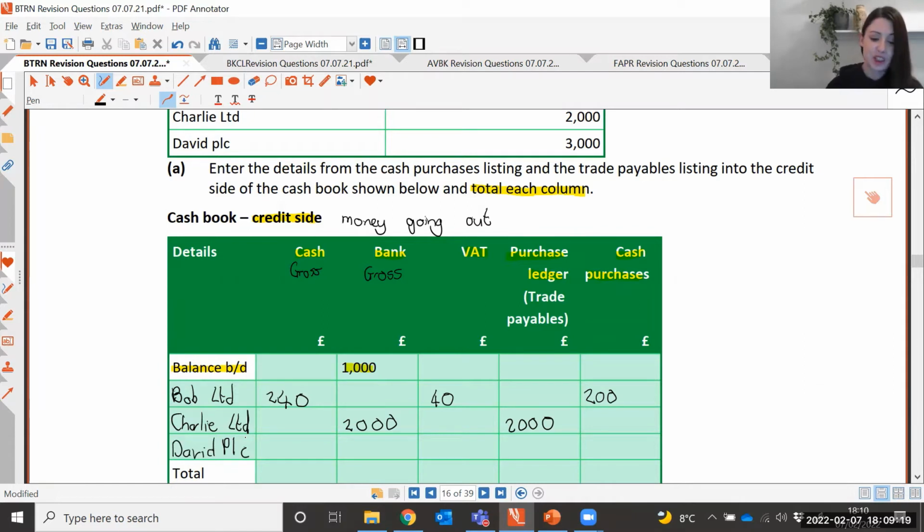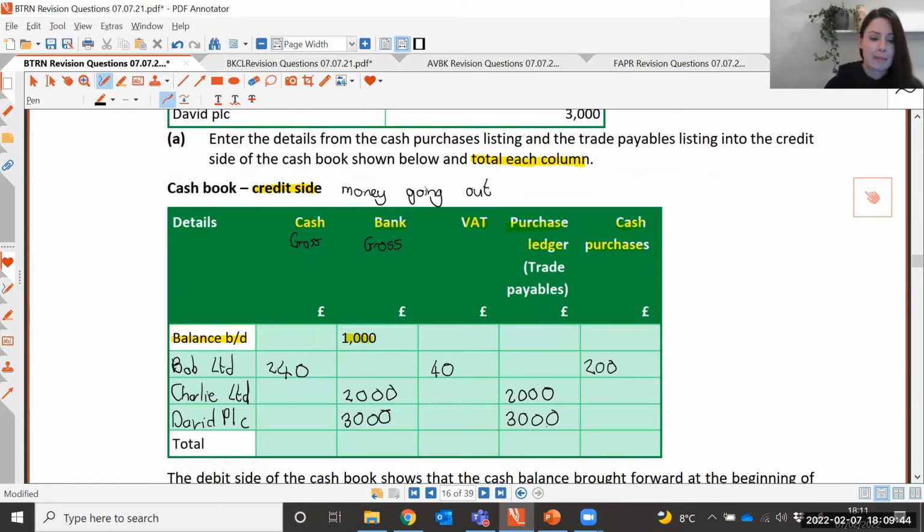Yeah, so again, it's a cheque. So go into the bank column. And where else will we enter it? Into the purchase ledger control account column, yeah. And again, credit supplier, we will already have accounted for the VAT, so we don't need to worry about that.